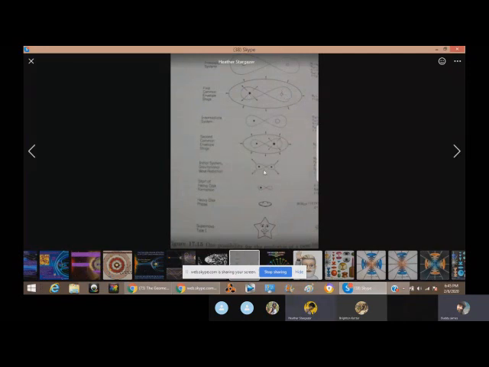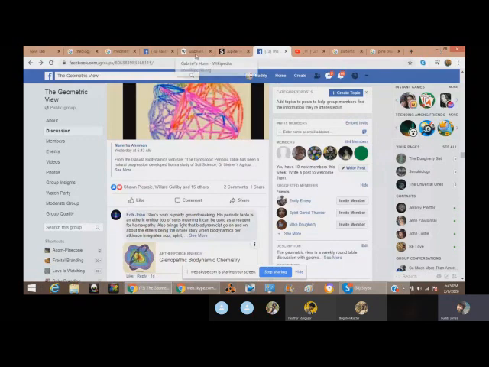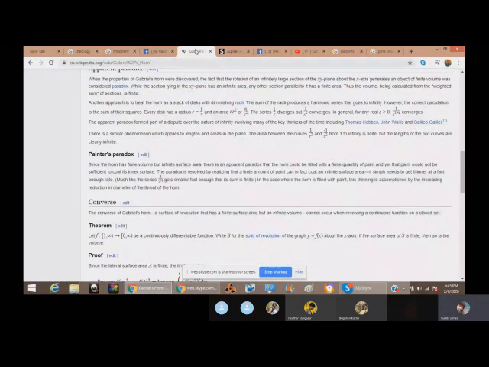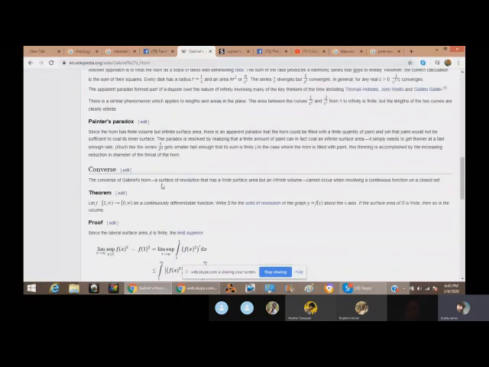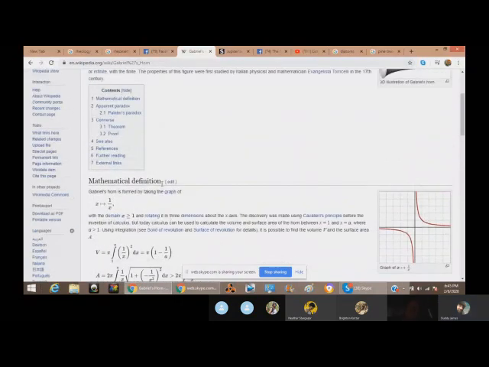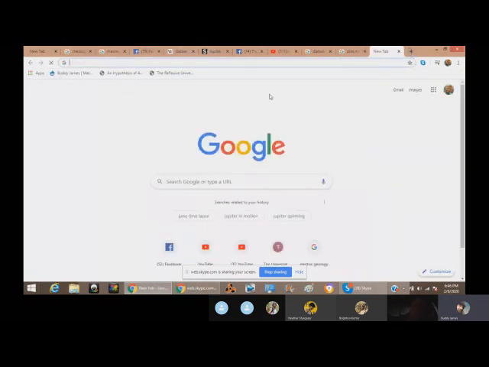So I see Torricelli's law right here. Torricelli's trumpet. Absolutely. And we'll look into more vortical flows and see more Torricelli's trumpet, because Schauberger was really obsessed with this shape. Let's see, Schauberger's vortex.